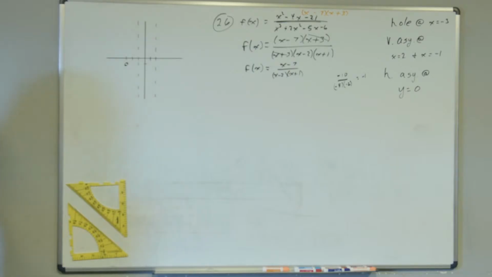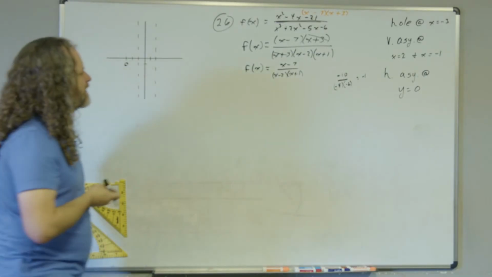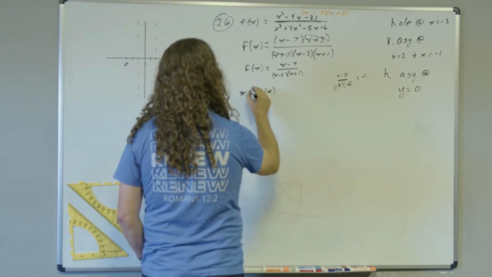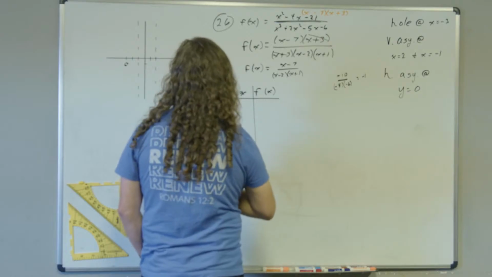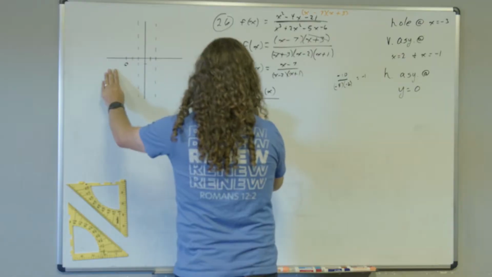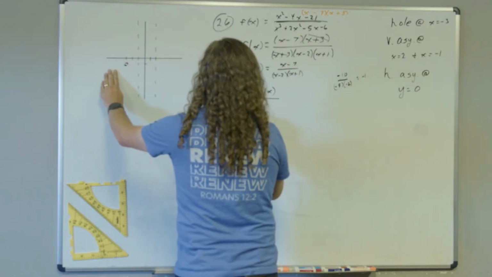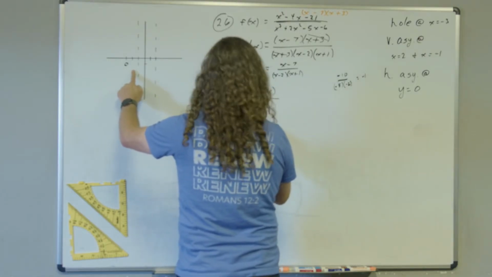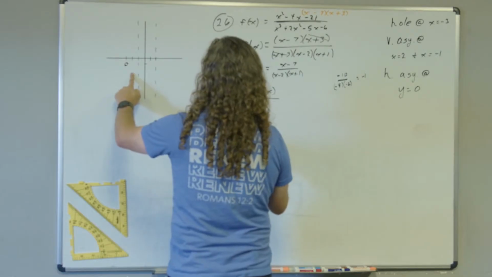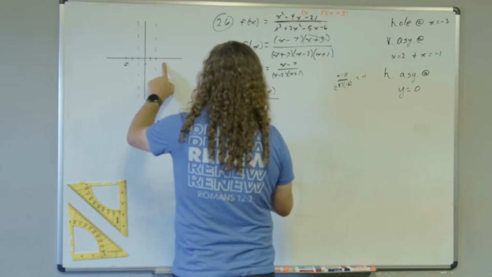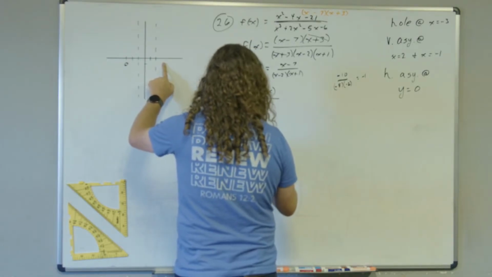Okay, now what? Get some points ready. Sounds good. X, f of x. So let's do like negative 10, negative 4, negative 2, 0, 1, 3, and 15.